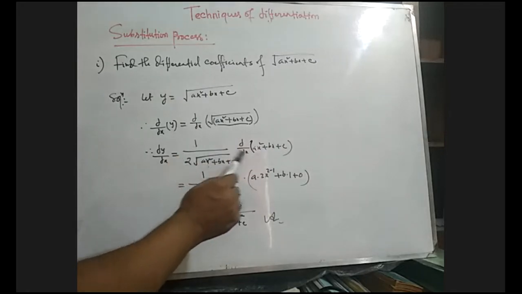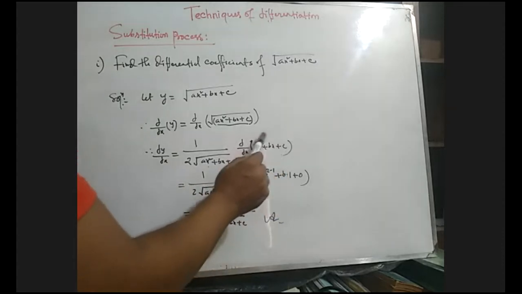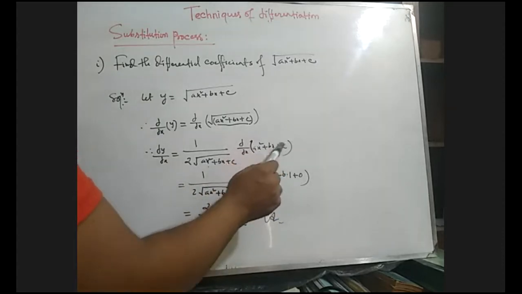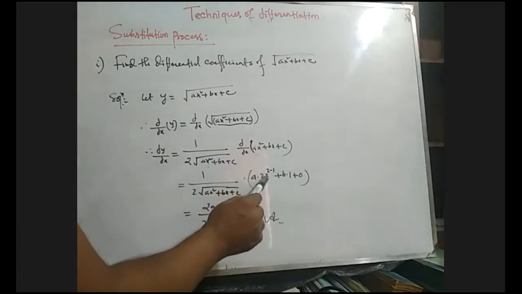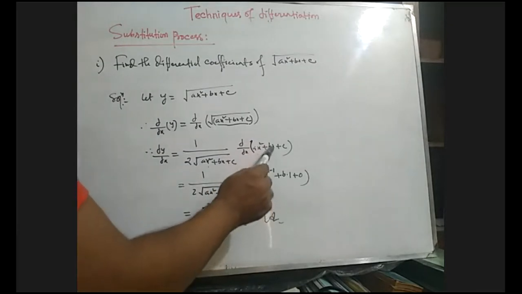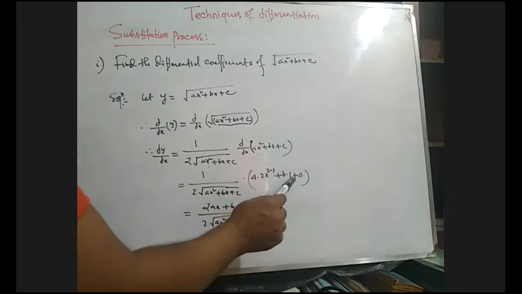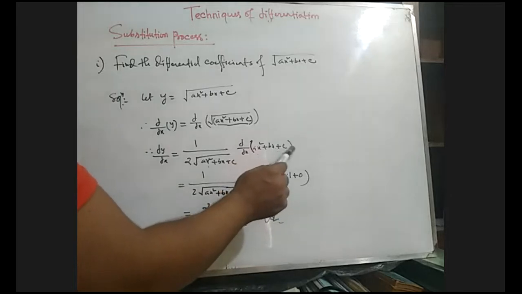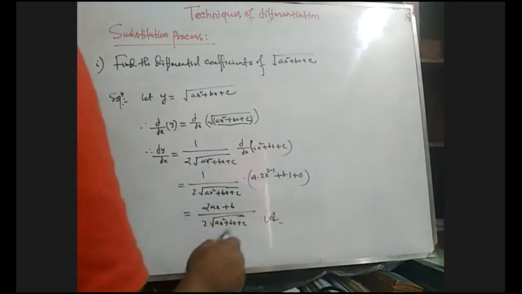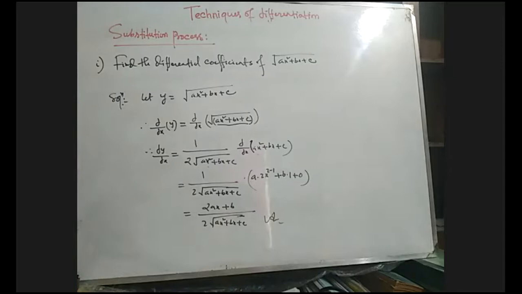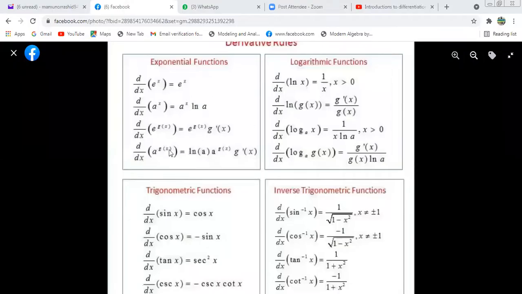Now again we have to differentiate the function, ax square plus bx plus c. So the a and x square formula what? Using power rule, 2x to the power 2 minus 1. And b constant and x differentiation what? 1. But c without term x, this is why 0. So twice ax plus b divided by 2 into root over ax square plus bx plus c.